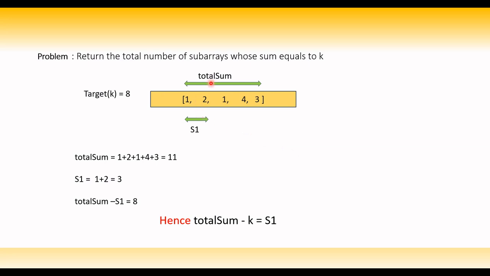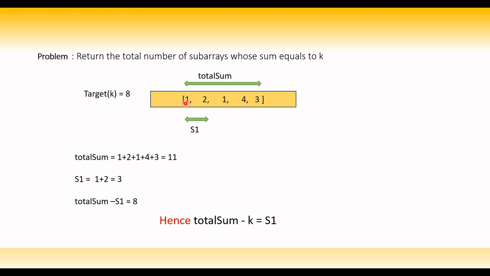Before having a look at the optimized solution, let us understand a basic concept here. I want to traverse through this array only once and not multiple times. So one of the possible approaches is to maintain a total sum variable, and let's say we have traveled through the array and reached the last index.